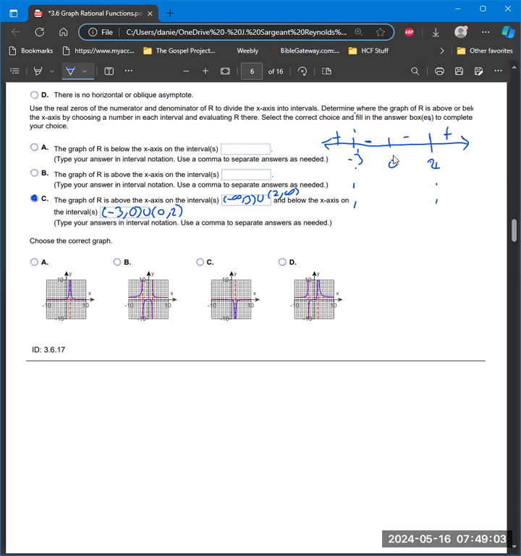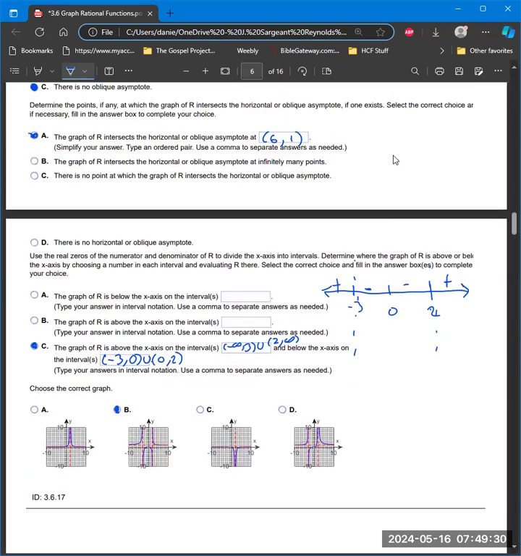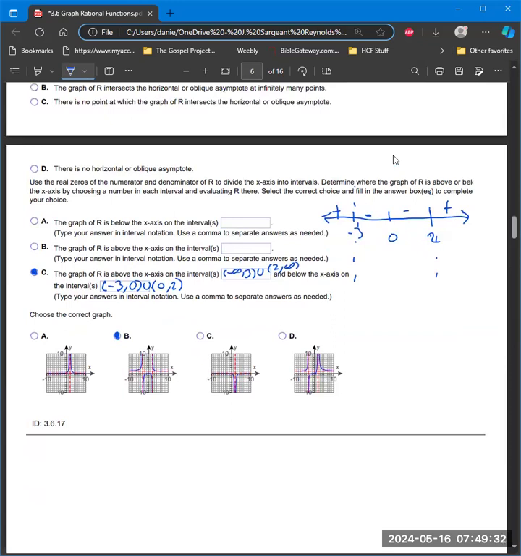And it's going to have a portion that's above, then a portion that's below, then it hits 0, then another portion that's below, then a portion that's above. That looks like B to me. Everything else matches, and you can see that it does cross at, where did we say, 6, 1 over here.